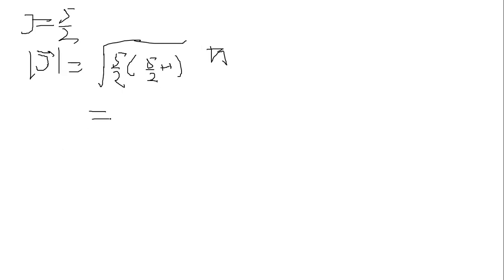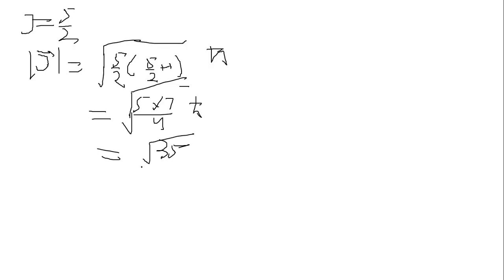So overall it will be root of 5 into 7 by 4, h cross. So we can say it is root 35 by 2 h cross.